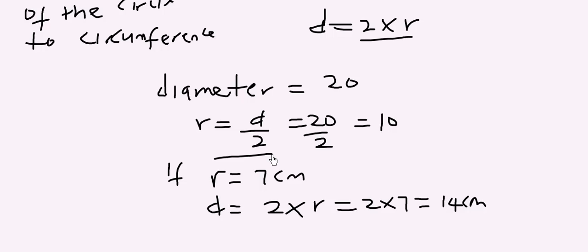If you are given diameter as 20 and you're required to find the radius, simply divide the diameter by 2. If you are given the radius, like in this case as 7, simply multiply it by 2 to get the diameter. So it's good for us to establish that fact.